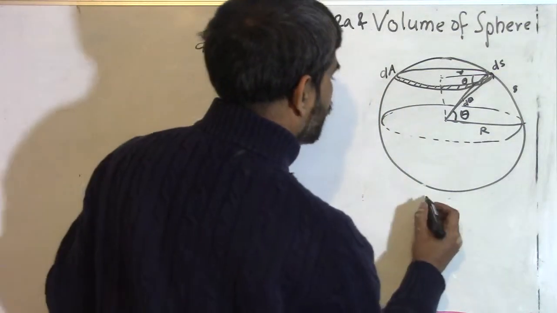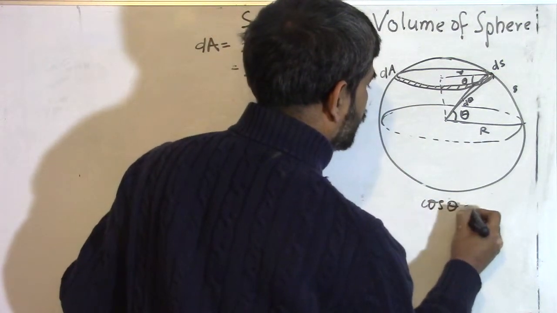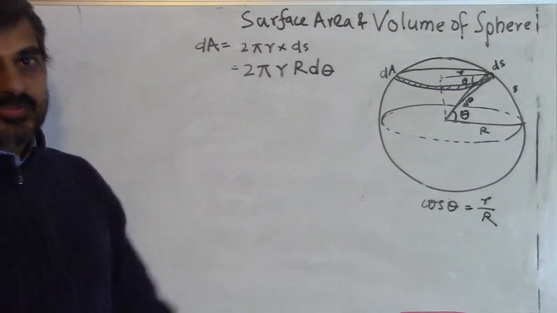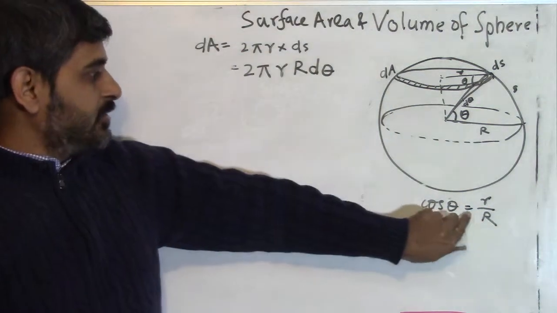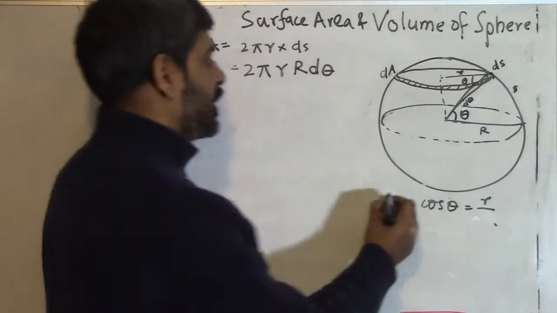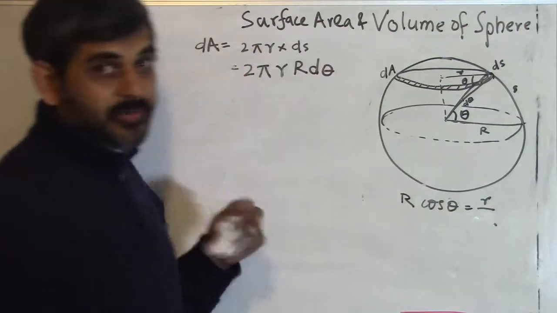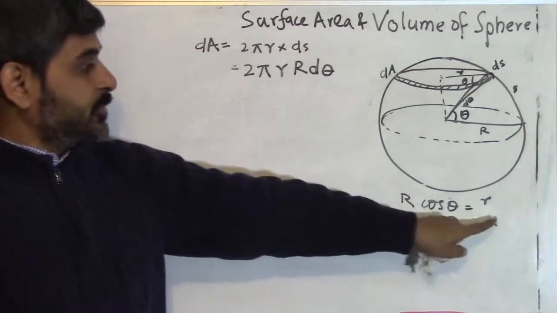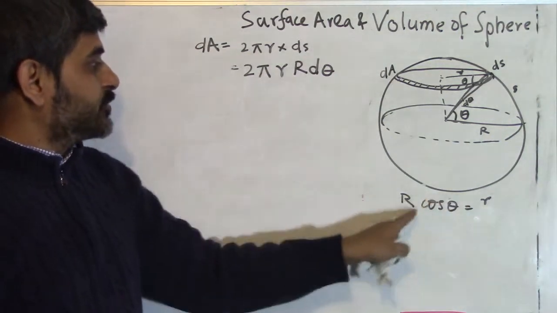So we have cos theta is equal to small r divided by capital R. We can send R to the left hand side, and it becomes small r is equal to capital R cos theta. We don't need to differentiate this one. We just substitute for r, R cos theta.